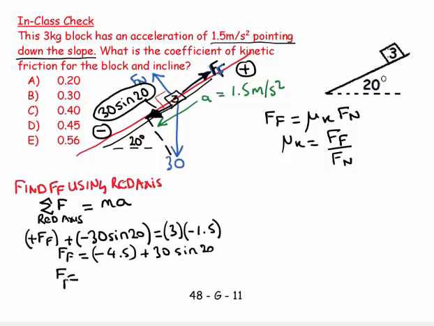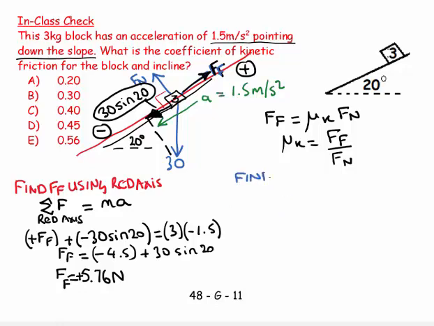So Ff is equal to, let's put my calculator on, minus 4.5 added to 30 sine 20, and that's going to be 5.76. So this is going to be 5.76 newtons, and it's a positive 5.76. That's half of it done.